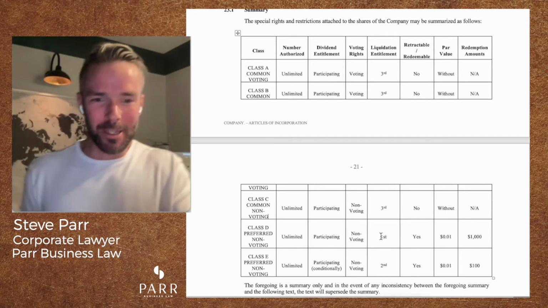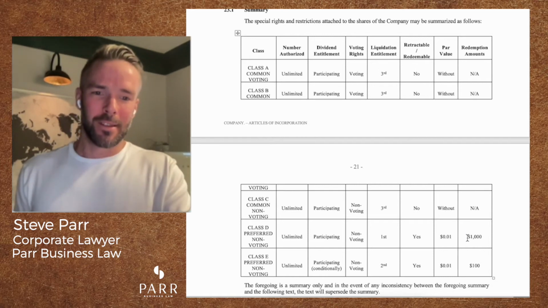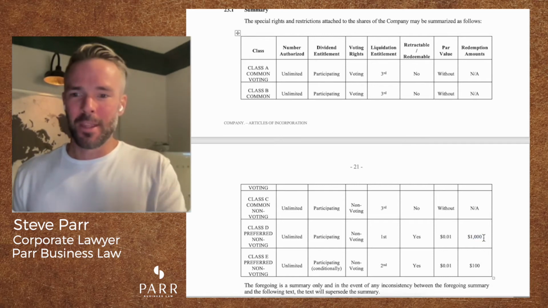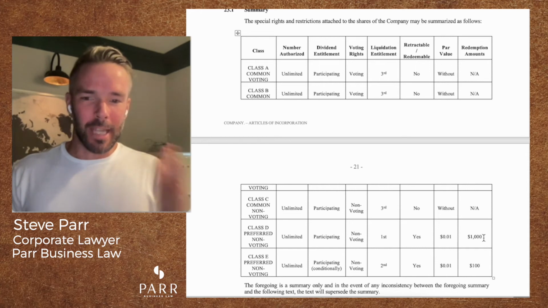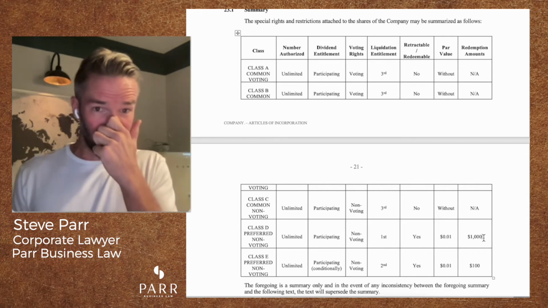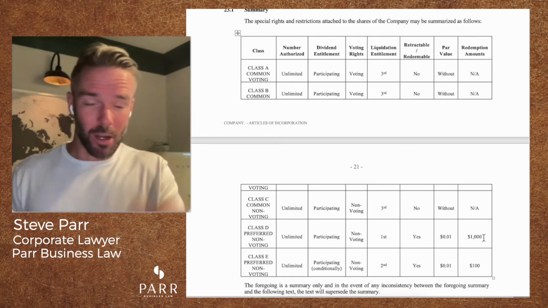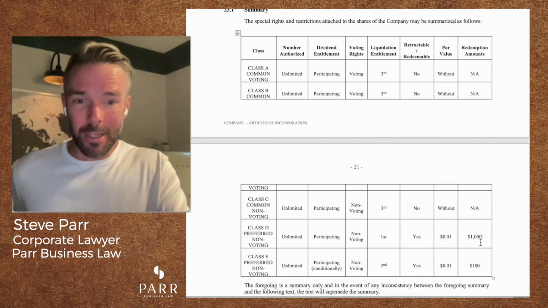And this is where it's tricky, and I don't know if you guys are going to follow this. This might be a little bit too high level, but it's redemption amount $1,000. So if you own 10 Class D preferred non-voting shares of this company, that means you have an entitlement to $10,000 because the company can redeem it for $10K.